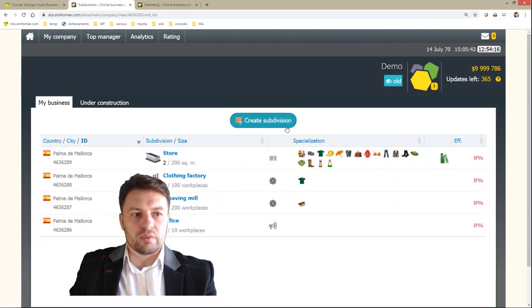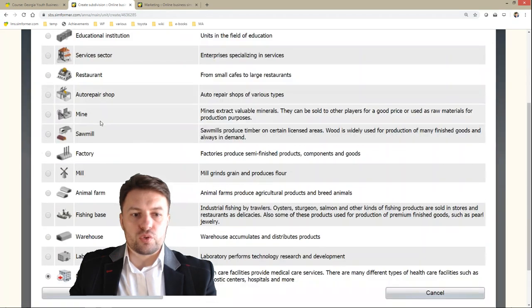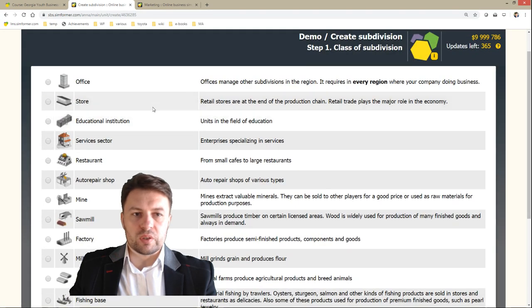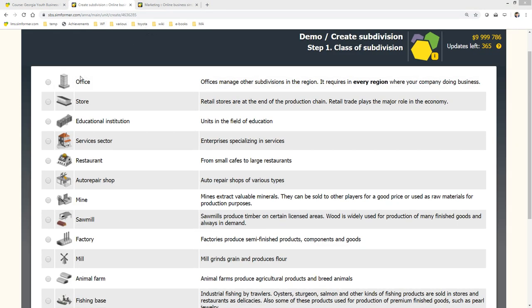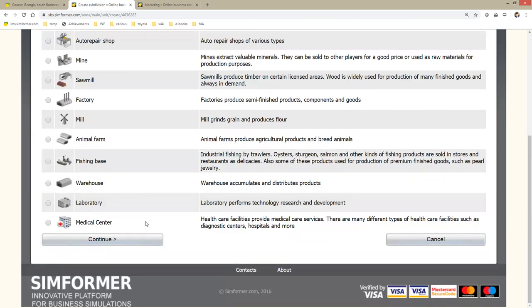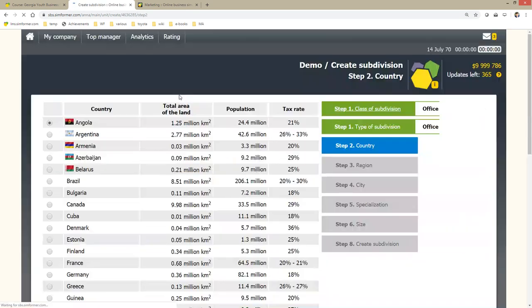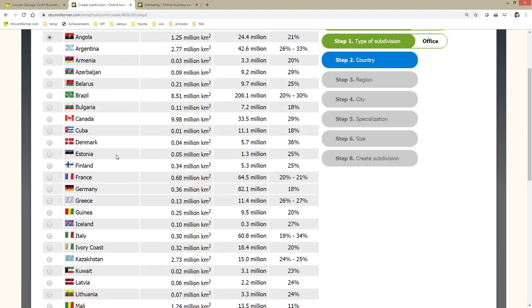Now, new subdivisions can be opened by clicking Create Subdivision. Well, obviously self-explanatory here. As you create a subdivision, you will have to choose one. As you can see, there are a lot of possibilities here, but I will not be going into them today. I will be explaining them tomorrow. This is where we will be going a little bit deeper. But the office is something you will have to open first if you're going to go into a different country.